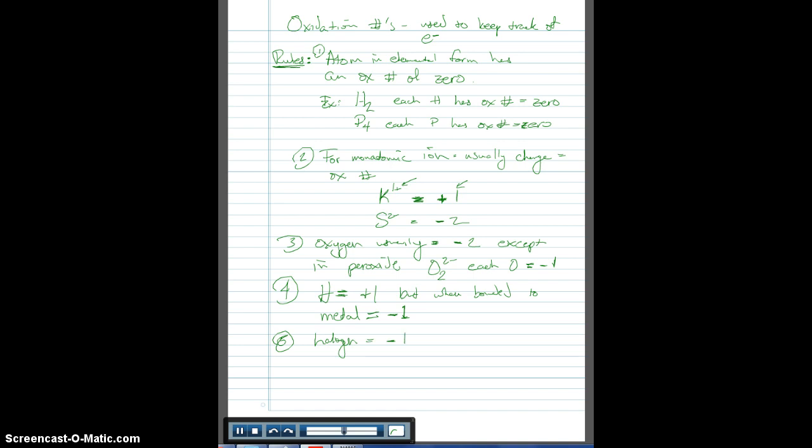Halogens are usually -1, those 7As. And probably the most important rule of them all, we add up all of our oxidation numbers, and there's 0 in a neutral compound.